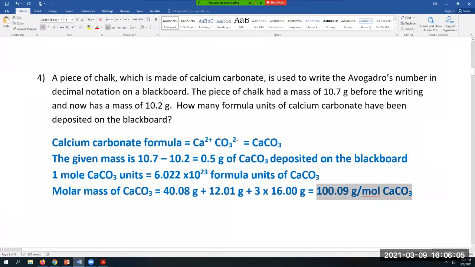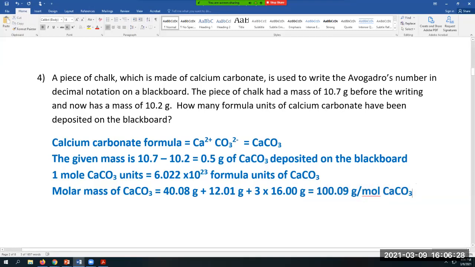So be careful, it's not 100, because each of the molar masses comes with decimals. You need to calculate up to the 2 decimals, right? So to be correct, you want to write 16.00 and not just 16. So the molar mass of calcium carbonate is 100.09 grams per mole.